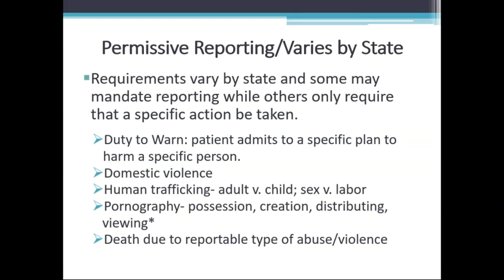Examples of permissive reporting are duty to warn, where the patient admits to a specific plan to harm a specific person. Domestic violence. Human trafficking, both if the victim is an adult or a child, and also human trafficking for labor and for sex.